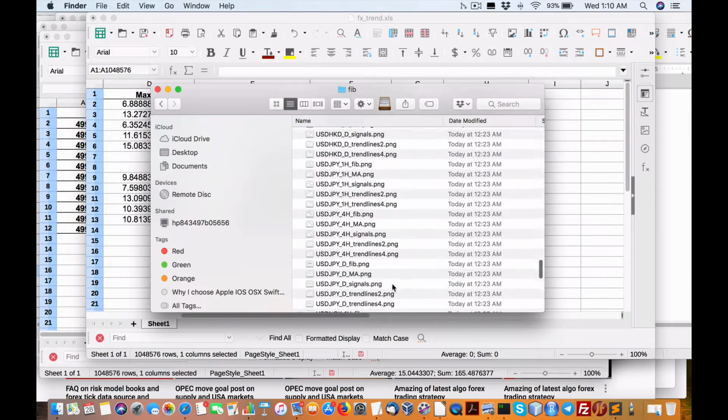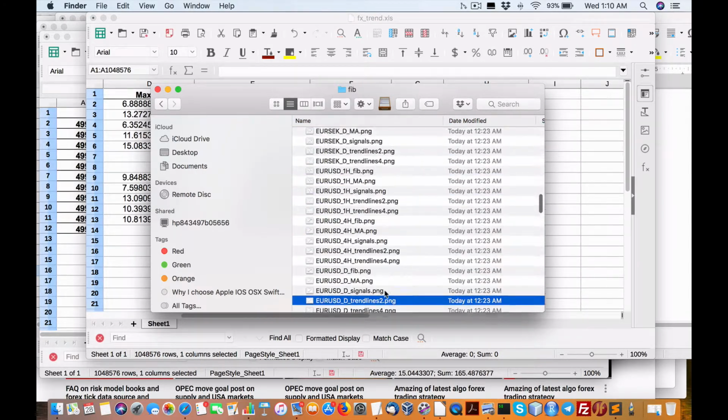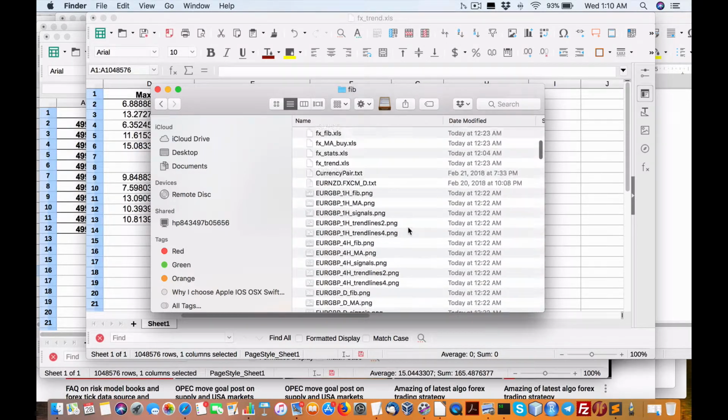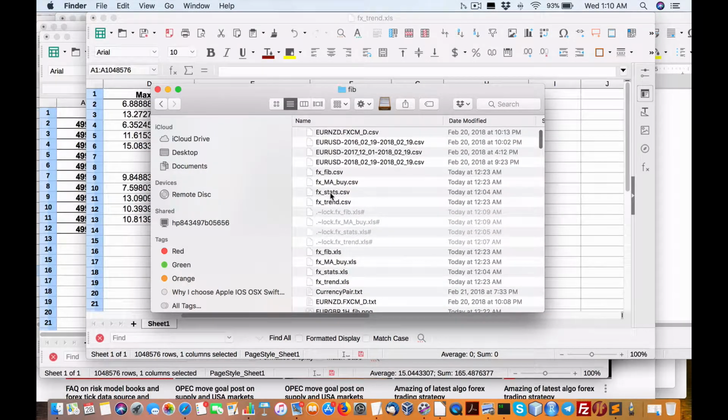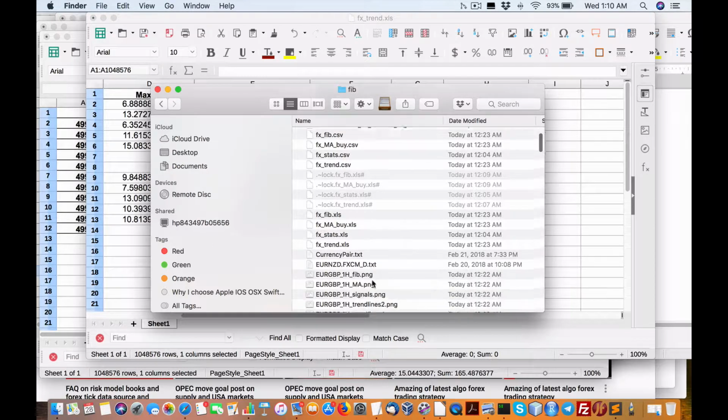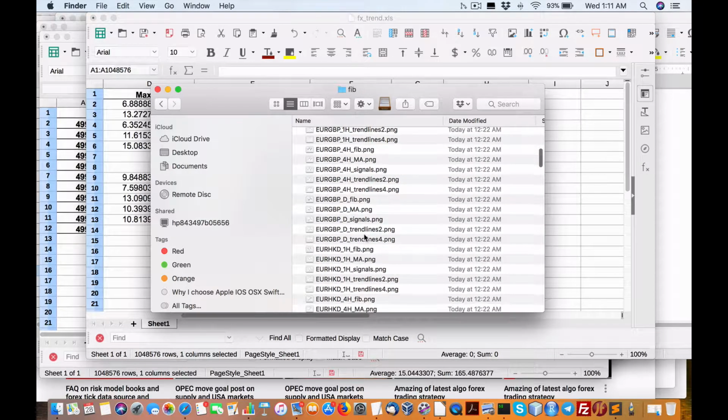So you'll get the CSVs and the XLS files, on top of all the charts, all the different types of charts, which would be the signals and moving averages, the Fibonacci retracement for all periods of the daily, 4 hour, 1 hour.